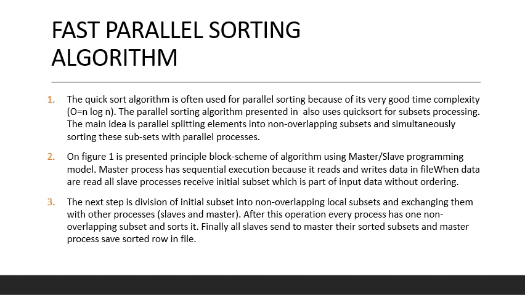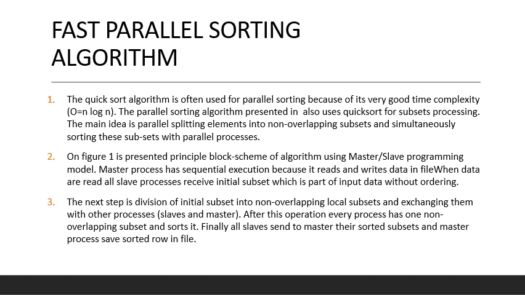The parallel sorting algorithm presented also uses quicksort for subset processing. The main idea is parallel splitting of elements into non-overlapping subsets and simultaneously sorting these subsets with parallel processes.